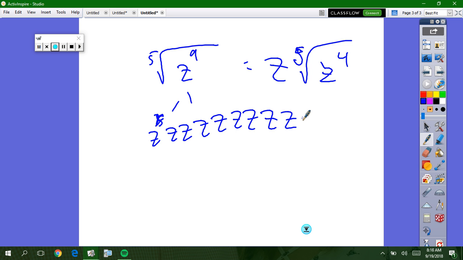Okay, so notice there's my group of 5. That's why it got to come out, right? And then what's left over? 4 then. So really, isn't this division? How many times can 5 go into 9? 1 with 4 remainder. That's why the 4 remainder stays in. Does that make sense to everybody?